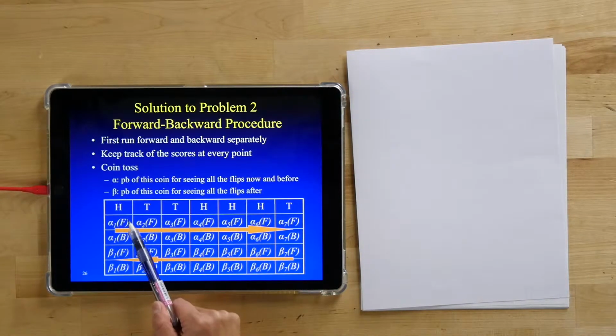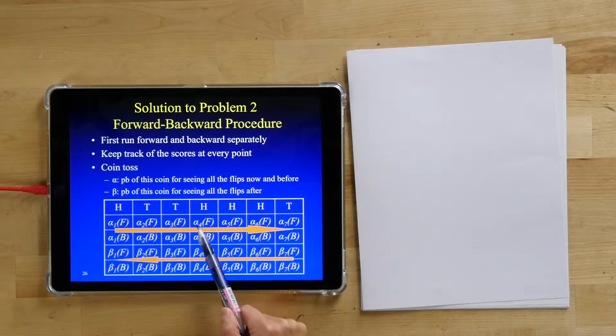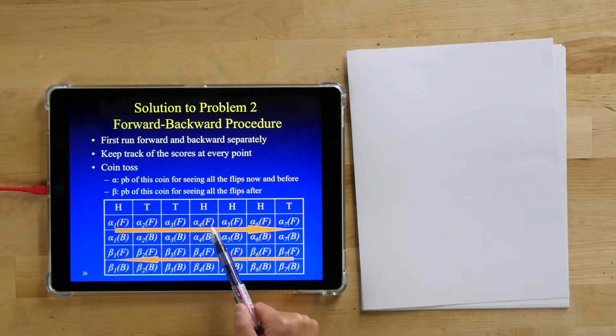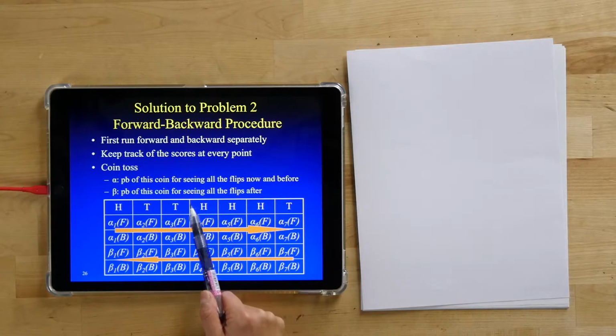What's the probability of using a fair coin? So for example, in this case, what is the probability of using a fair coin in order to see ahead and everything before? What is the probability of using a biased coin to see ahead and everything before, right? That's your alpha number. That's from the forward procedure.